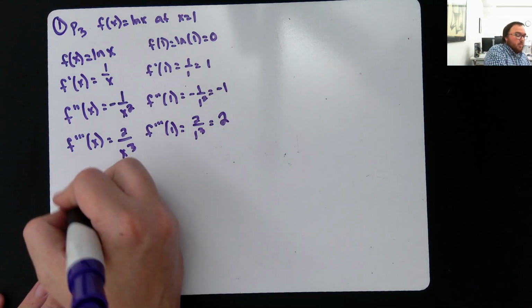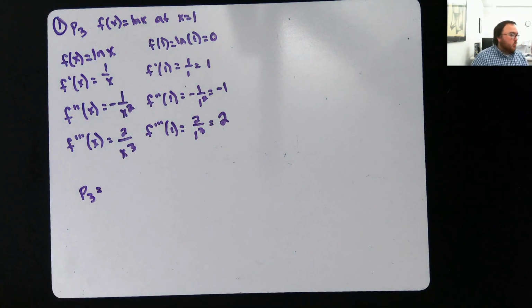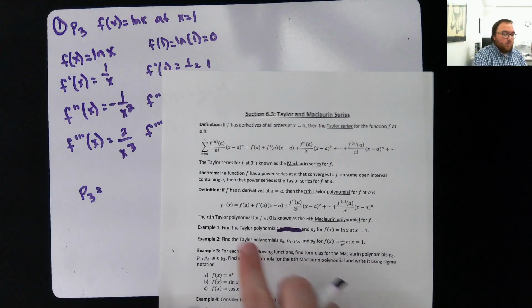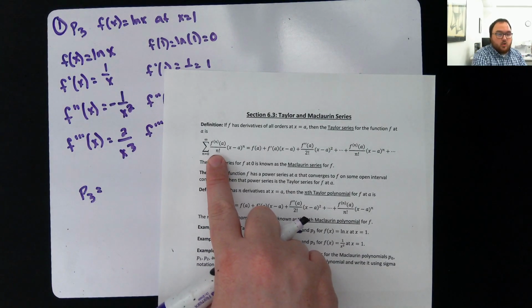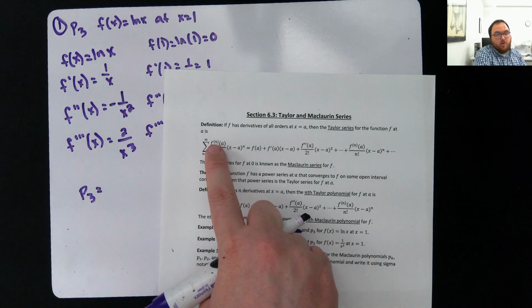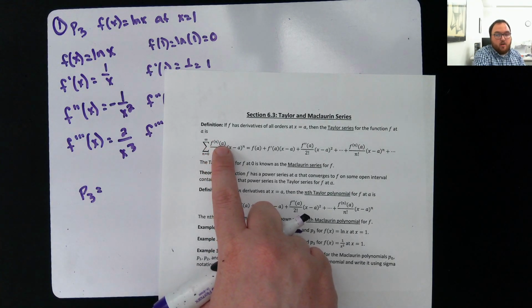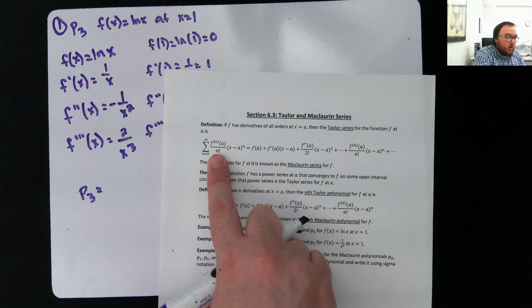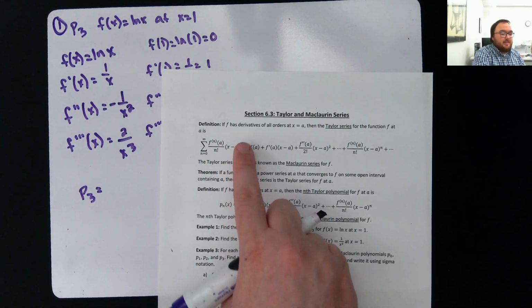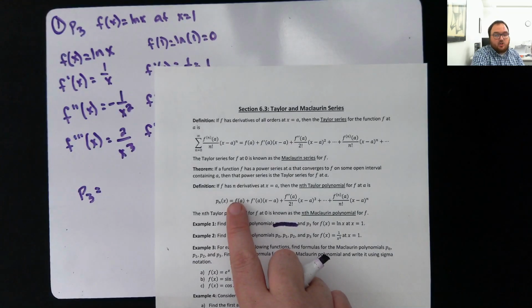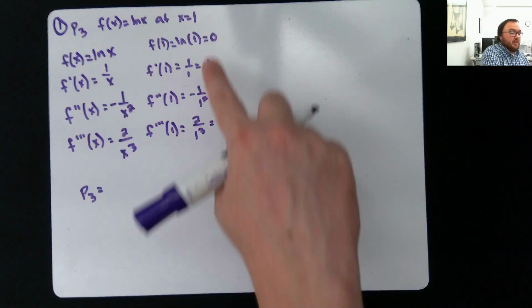So P3 is going to be equal to, we always start with, again, I'm looking at the formula right here, right? So for the first one, plug in 0 here, which just means I want f of 1 over 0 factorial times x minus 1 to the 0, which gives us just f of a, which is just f of 1.